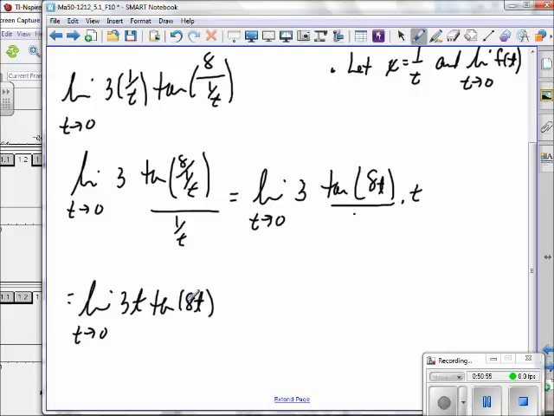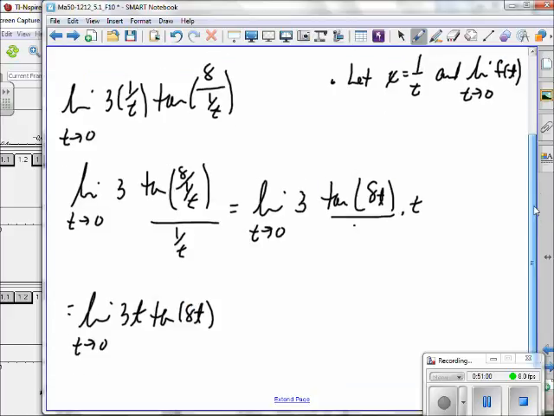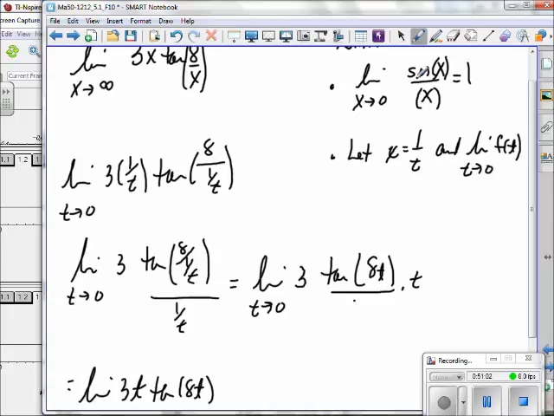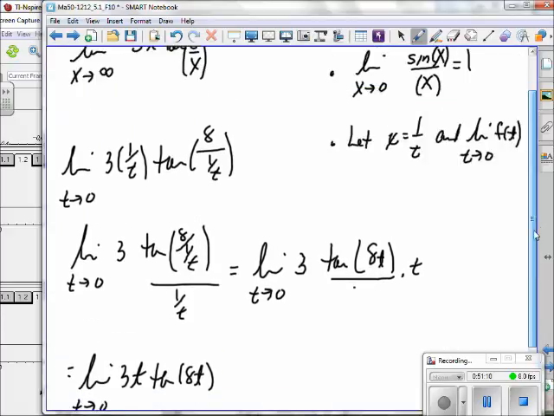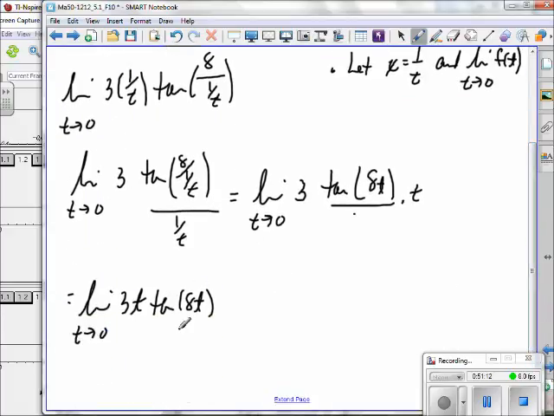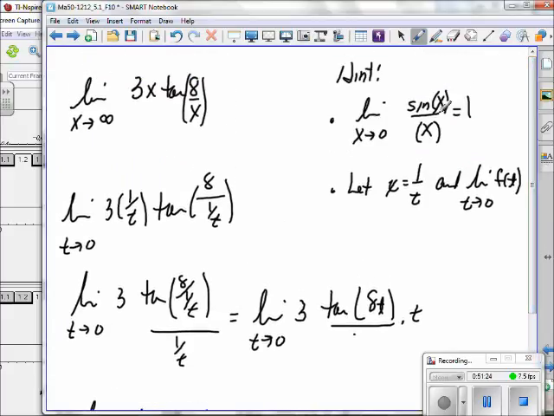Again, you can take tangent to be sine divided by cosine. When I'm looking at sine, though, I've got to be sure that I have this situation set up. If I can make this sine divided by cosine, I'd have sine of 8t divided by cosine of 8t. What do I need in that numerator of sine of 8t in order to use this?